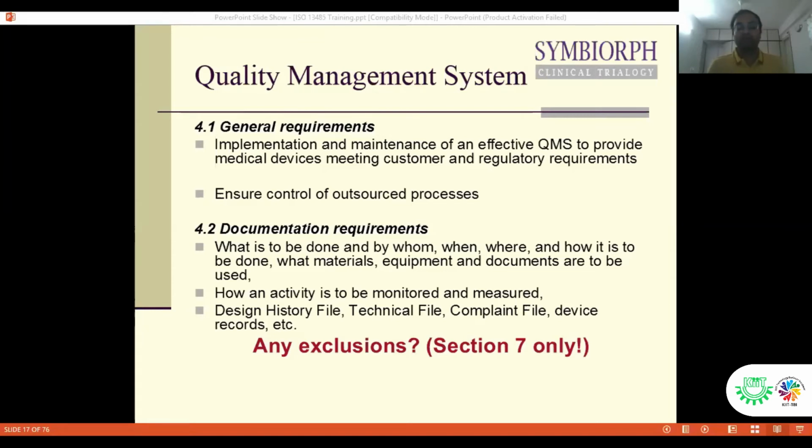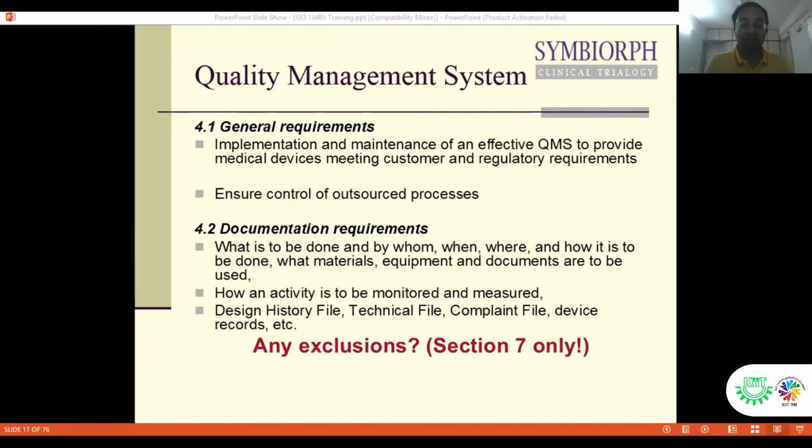When you are executing a quality agreement, what are the important aspects which you have to consider? The important aspects are whether they have a proper certification or not. Do they give you all the documents pertaining to the device which you are manufacturing, which they are liable to manufacture for you? Are they fulfilling all the testing parameters?